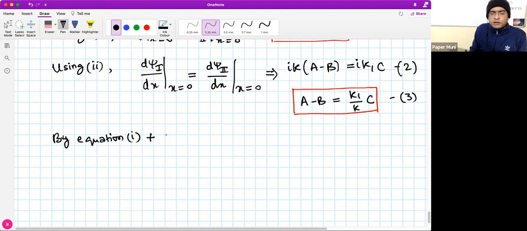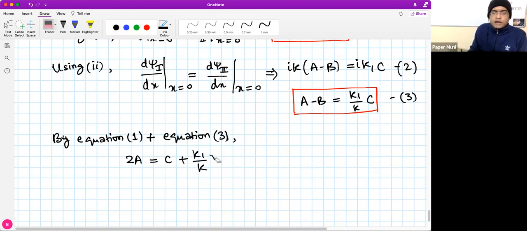So this is 1, this is 3. What we get is 2a equal to c plus k1 by k times c.